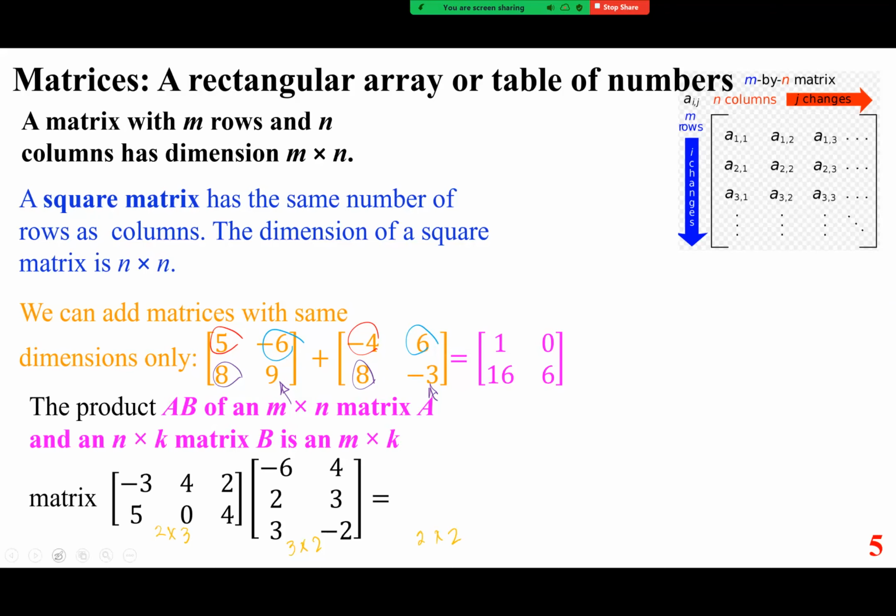I highly recommend, if you're multiplying, start with the dimensions. So now we are going to multiply this row by this column and add them up. So minus 3 times minus 6. Let me write that.